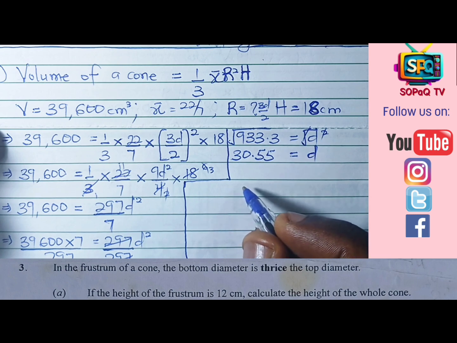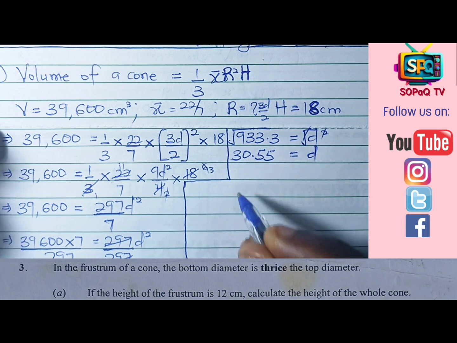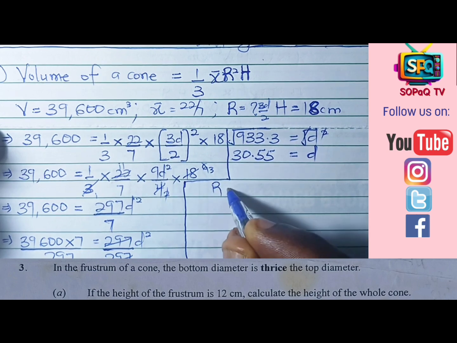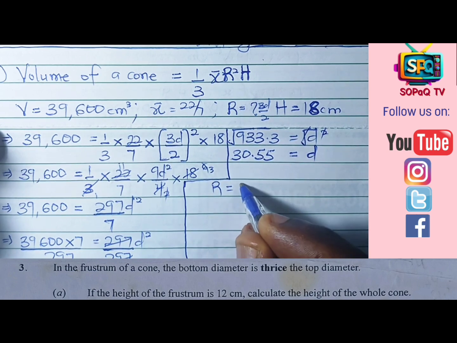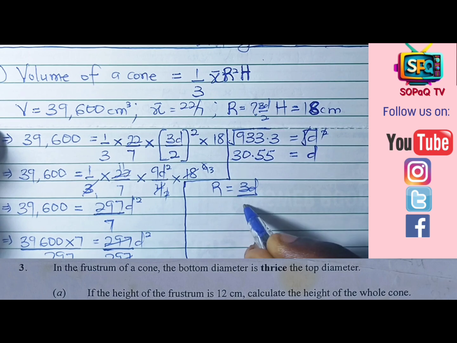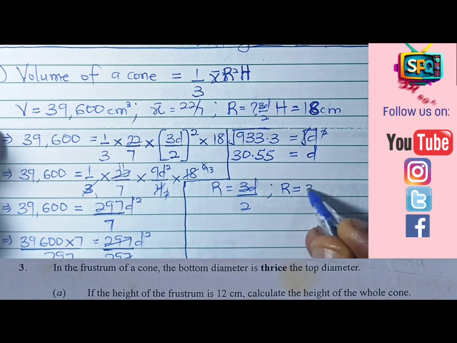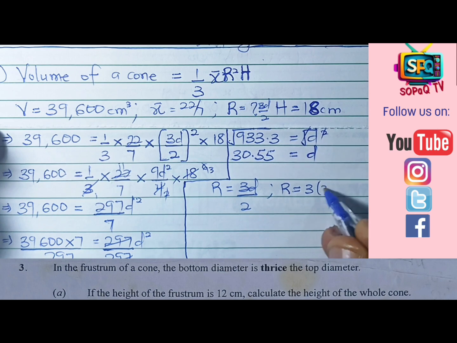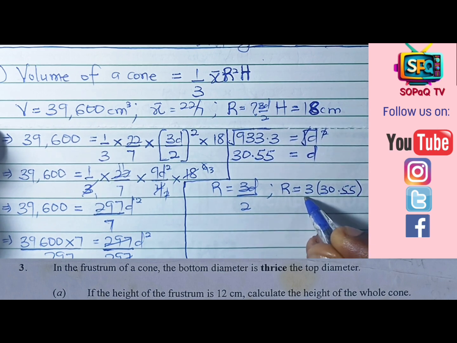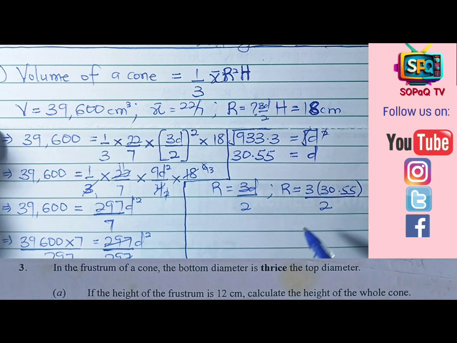And we shouldn't forget that our R is 3D on 2. So our R can now be 3 multiplying 30.55 all on 2.